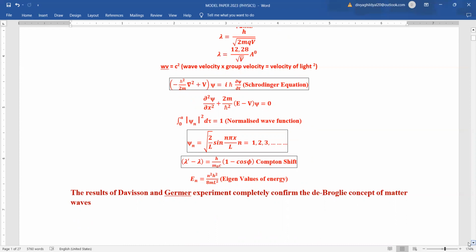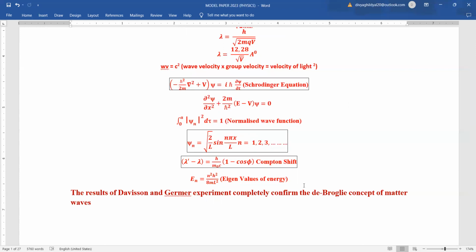The Schrödinger wave equation is minus h bar square upon 2m del square plus V whole into wave function is equal to i h bar del wave function upon del t. The other form is del 2 phi by del x2 plus 2m upon h bar square into E minus V is equal to 0.